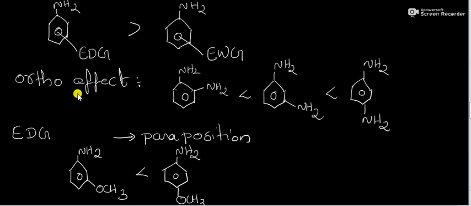Then another general effect is ortho effect. What is ortho effect? An ortho substituted aniline is a weaker base than aniline, irrespective of the electron donating or electron withdrawing nature of the substituent group. This is known as ortho effect, and this ortho effect is due to the combined effect of electronic and steric effects.